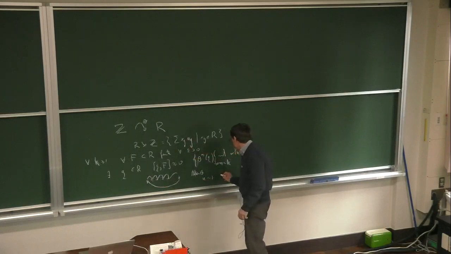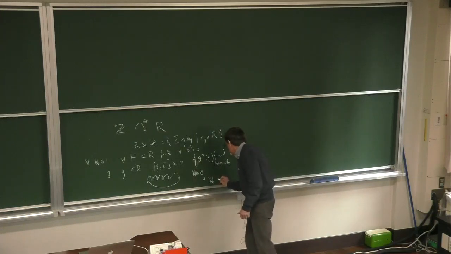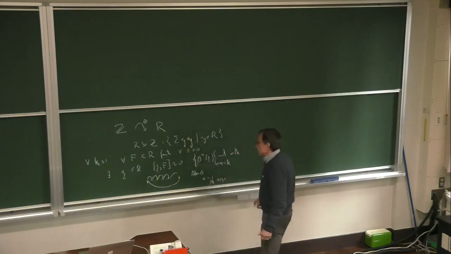It is of the order of 1 over k, or delta times tau of Q.